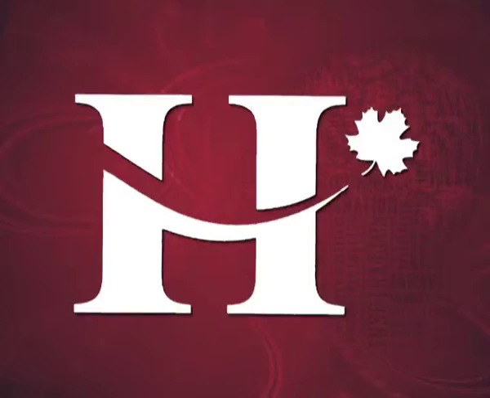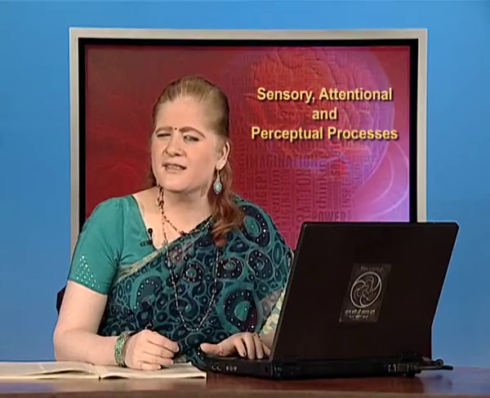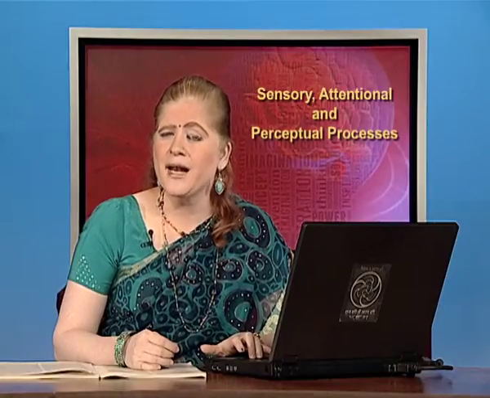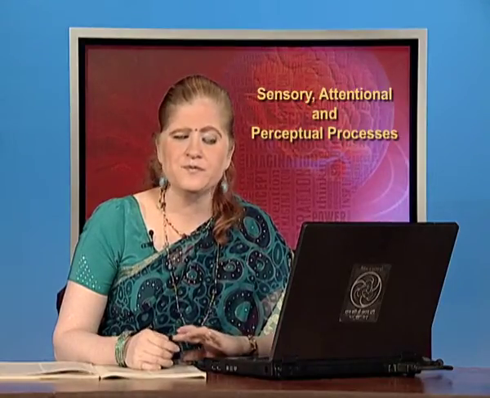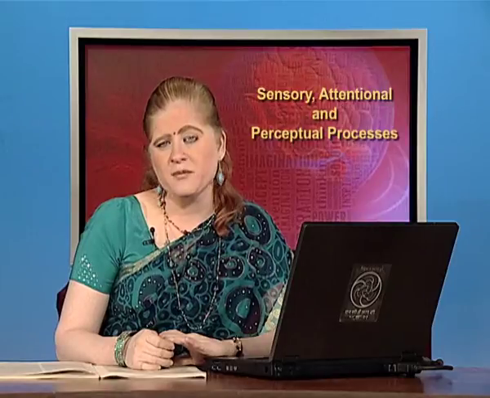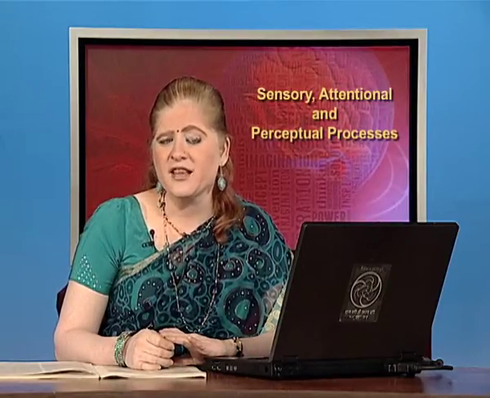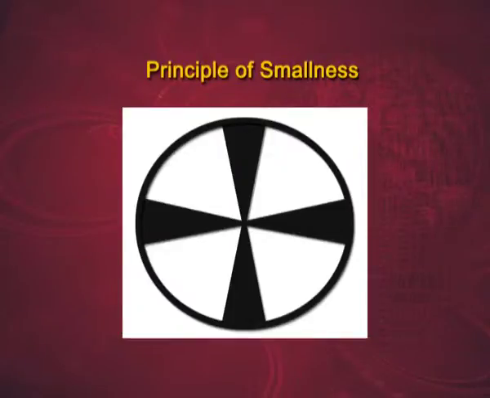In this figure, you will look at an alphabet H which leads to a maple leaf. So, continuity tells us that things lead to one another. Hence, we perceive things together when they are continuous. Another very interesting principle of Gestalt psychology that tells us how we perceive things is the principle of smallness.